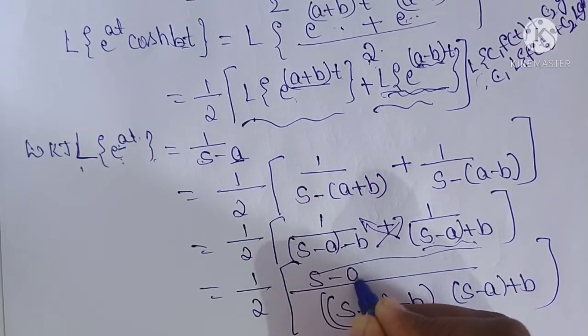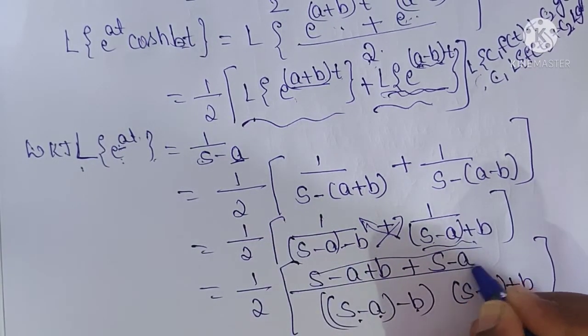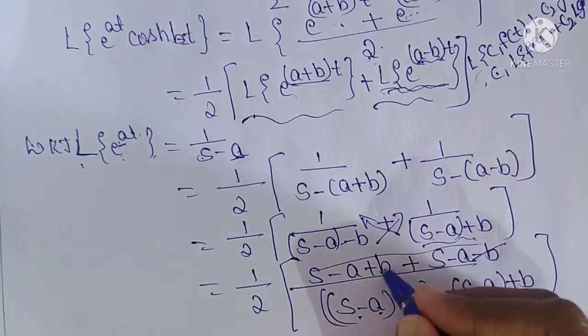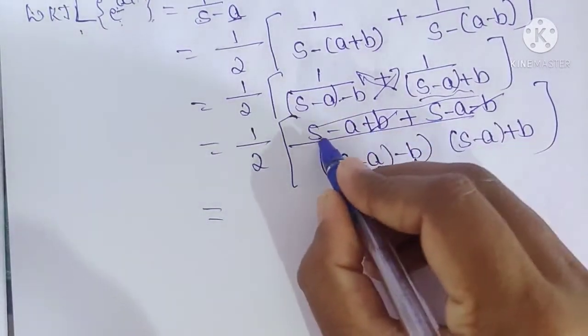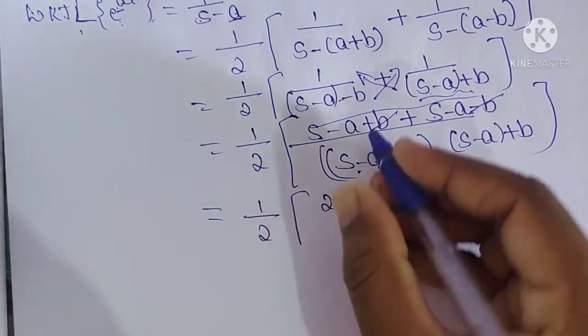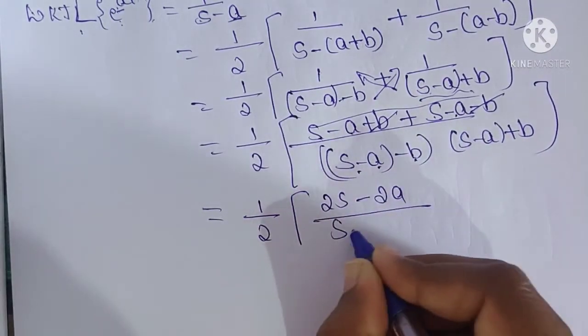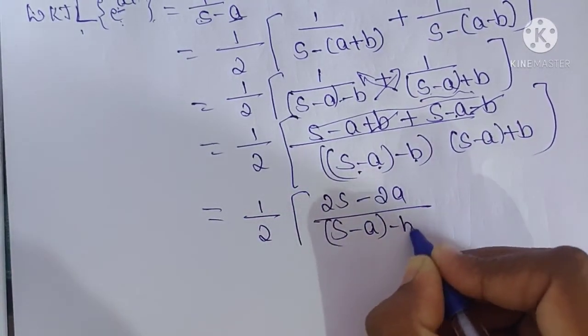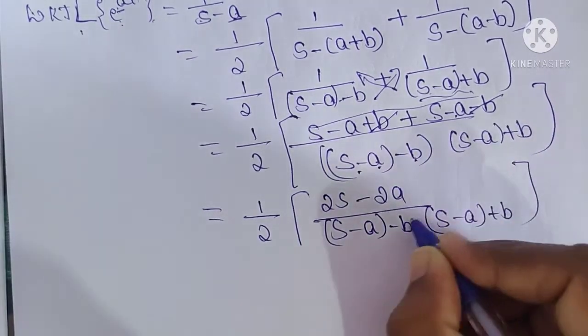S minus a plus b plus, here also cross multiplication, s minus a minus b plus b. This implies s plus s is 2s, minus a minus a is minus 2a, divided by s minus a minus b into s minus a plus b.